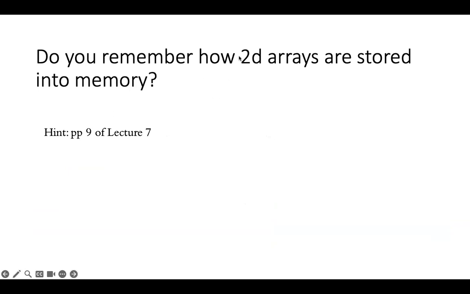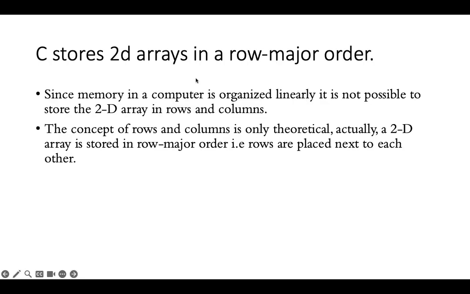Do you remember how 2D arrays are stored in memory? C stores 2D arrays in row major order. Since memory in a computer is organized linearly, it is not possible to store 2D arrays in rows as well as columns.